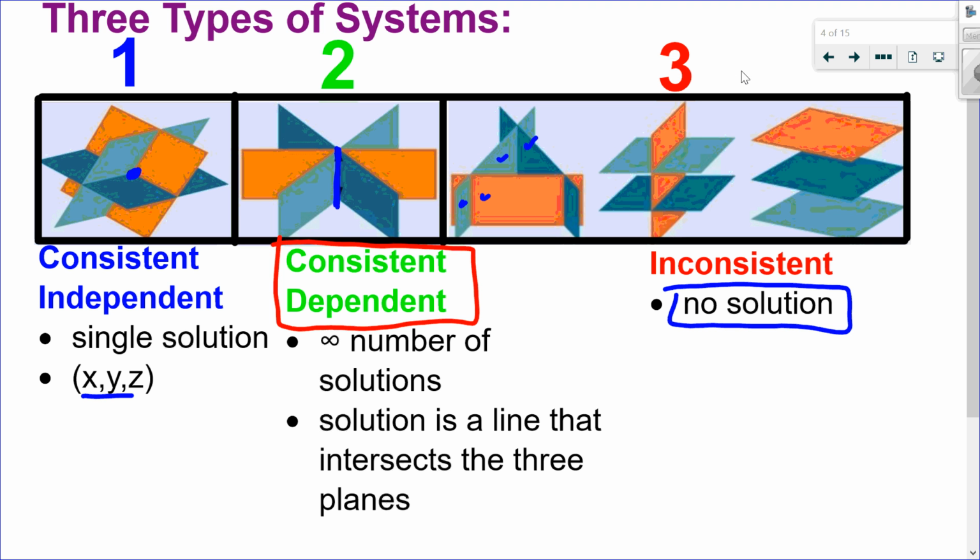So a consistent dependent solution happens when all my variables cancel out and I end up with a true statement with no variables. That is what a consistent dependent system looks like.